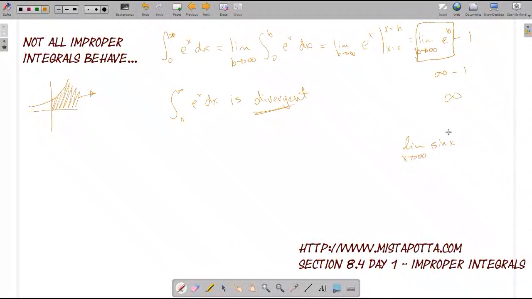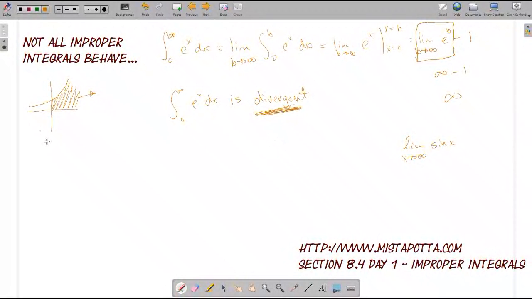We know that sine ranges between negative 1 and positive 1. It's not going to increase without bound, but it certainly does not approach a particular value. And so whenever I can't get a single solitary value, an answer for these improper integrals, I'm going to call it divergent.